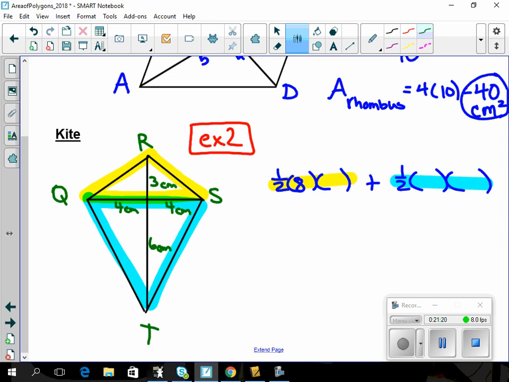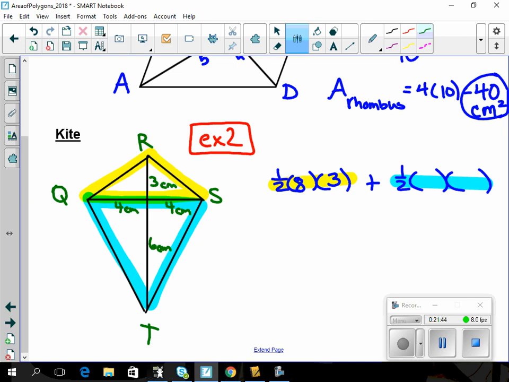And then what's the height of just the yellow triangle? It's just 3. Questions? Are you okay with why 3? Just the height.